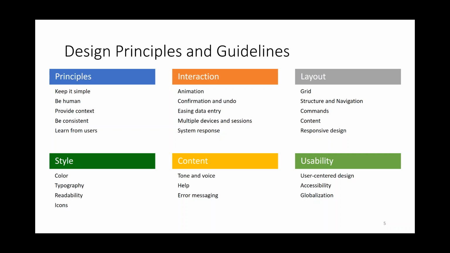Whatever content or information you put in front of your users, make sure the user can easily understand it and it has a clear purpose. If you have elements which don't add any value to the user, just remove them. Don't show them to the users. Only focus on the things which are important and serve some purpose for the user.